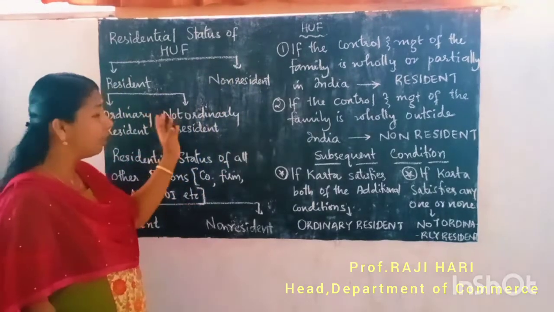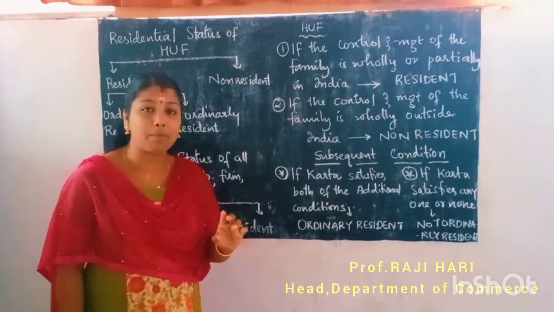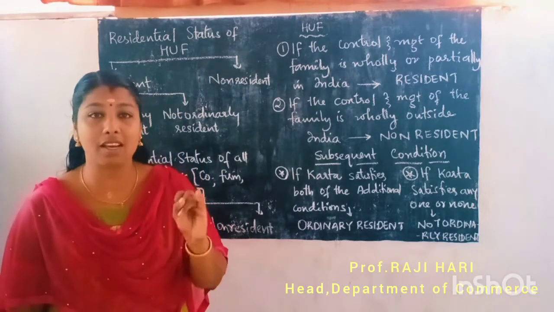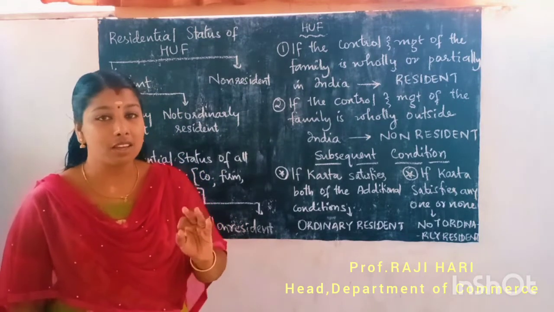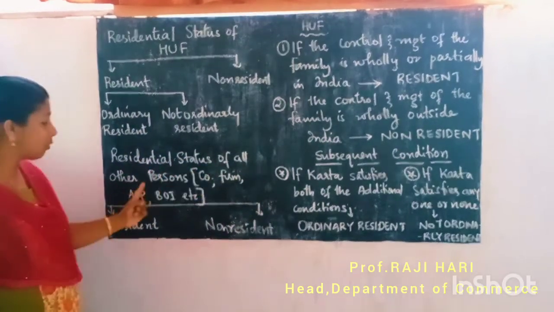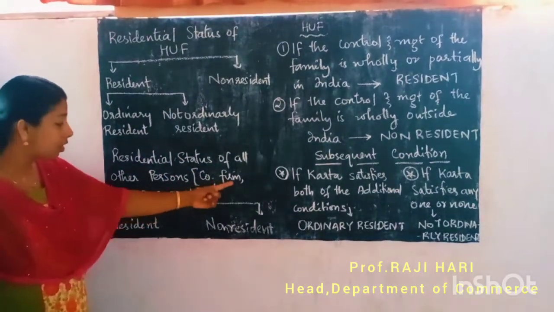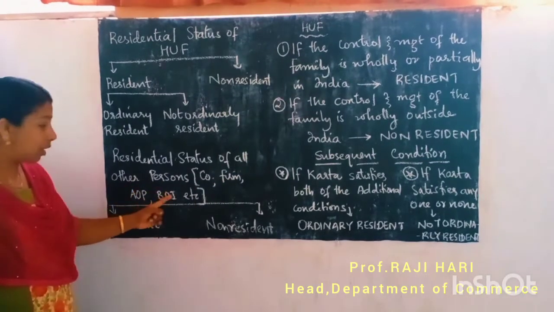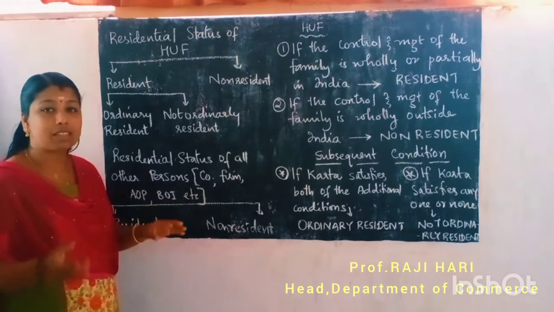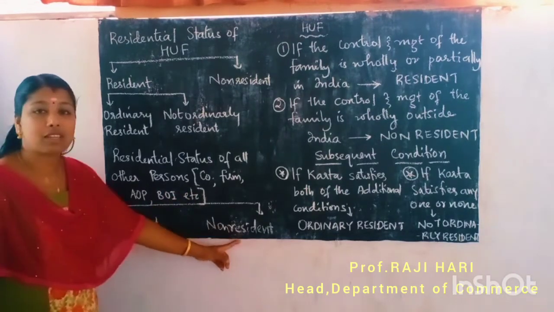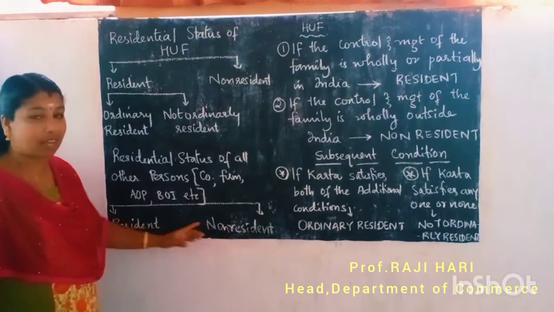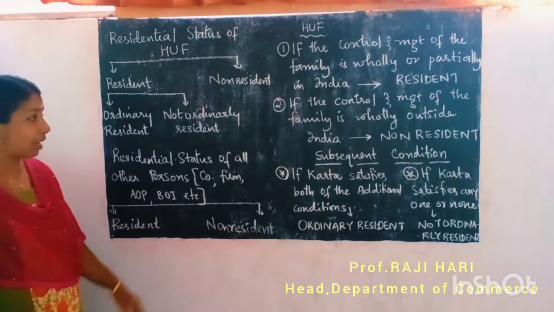Only individual and Hindu undivided family can enjoy three residential statuses. And all other persons like company, firm, AOP, BOI, local authority and every artificial juridical person can enjoy only two residential statuses, that is either resident or non-resident.